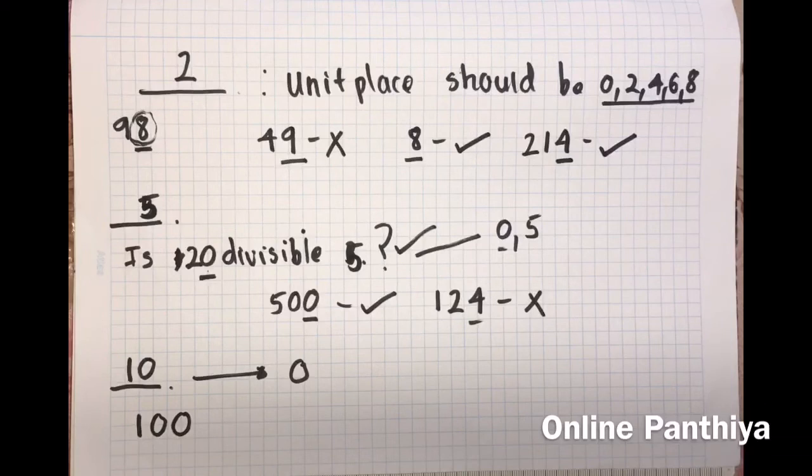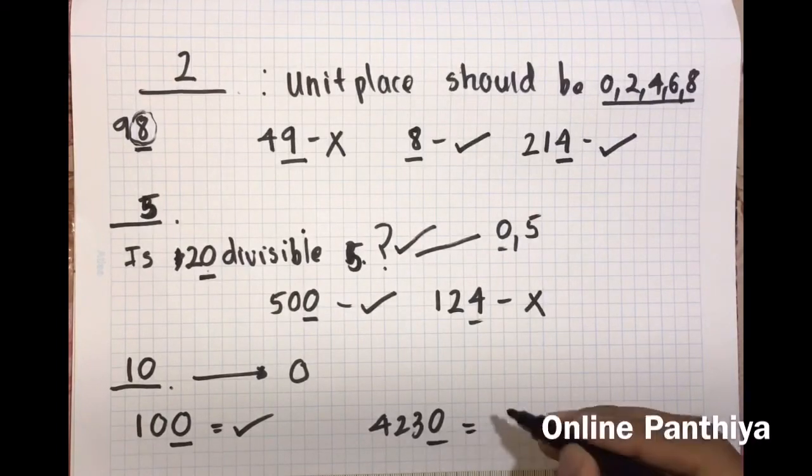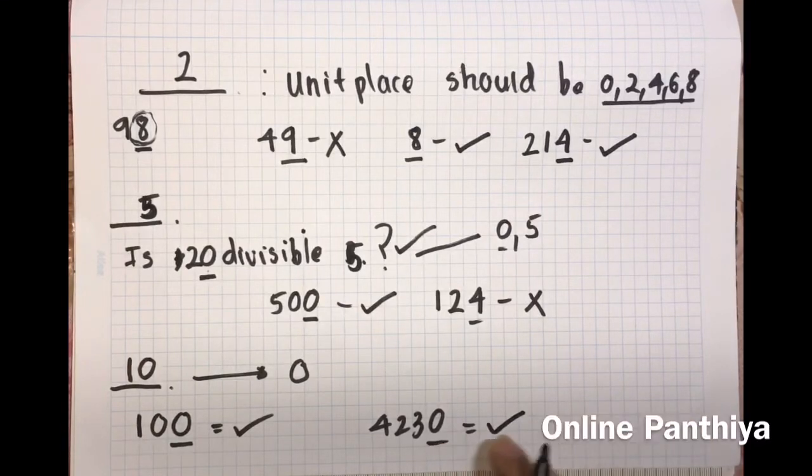What is the number at the unit place? It is 0. So if you have 0, yes, the number is divisible by 10. Very easy, isn't it? Even if they give a larger number, 4230, you check the number at the unit place, that is 0. If it is 0, you can say that number is divisible by 10.